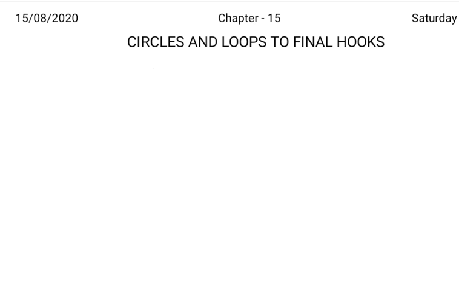When a straight stroke is hooked for F or V, then if the final attachment comes, in this case, the final attachment that can come is only circle, no other final attachments will come. So if circle comes, what you have to do? Let us see an example. Puff. Now we have to write puffs.